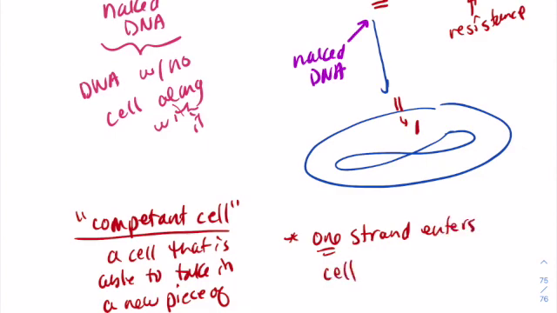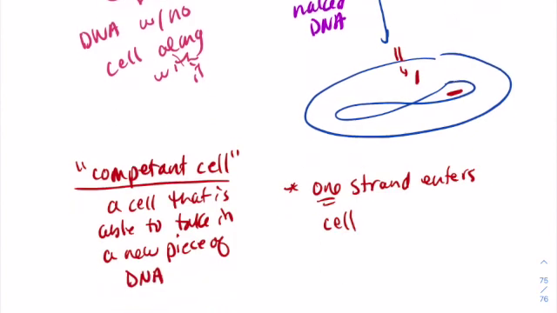What can happen then is that when that one strand enters the cell, it can find a region of homology, meaning a region that has a similar sequence, a similar order of G's, A's, T's, and C's.